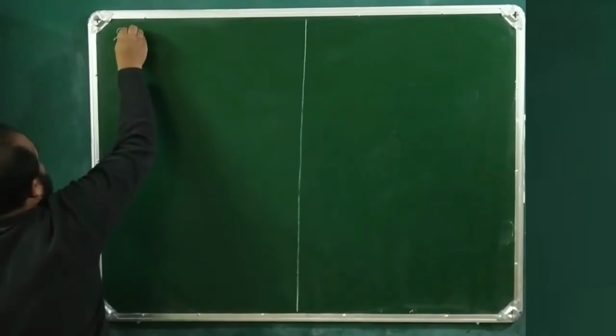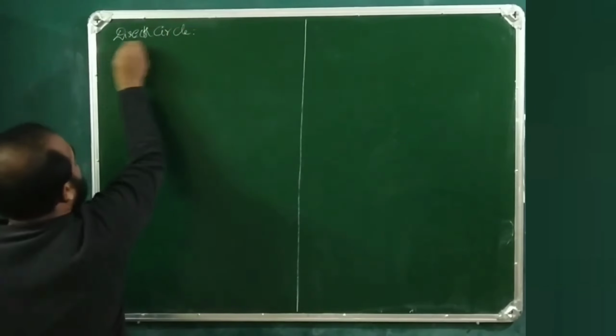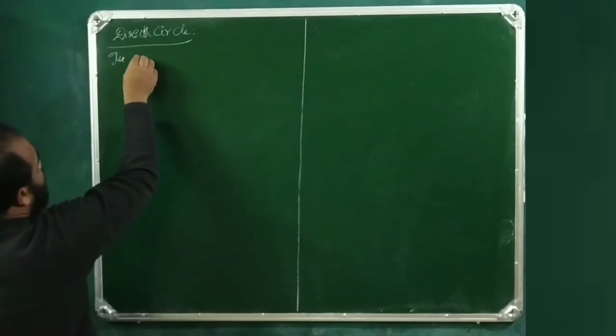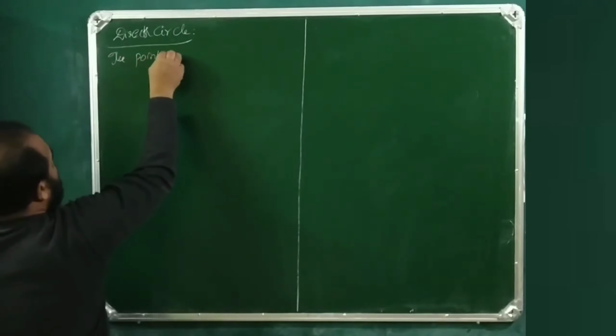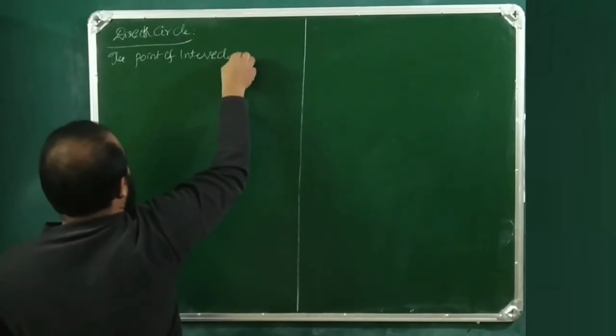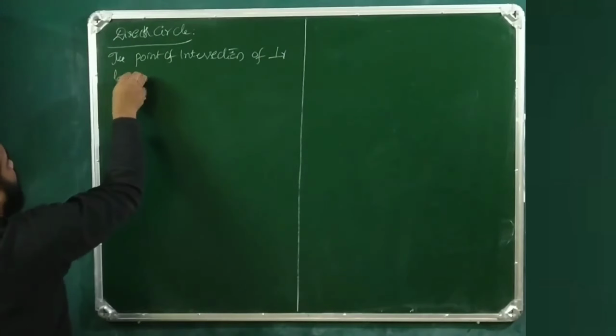The director circle is the locus of the point of intersection of perpendicular tangents.